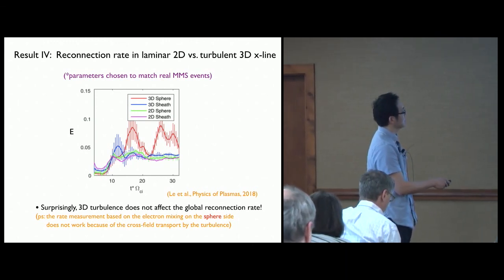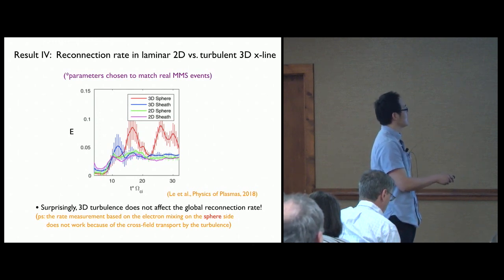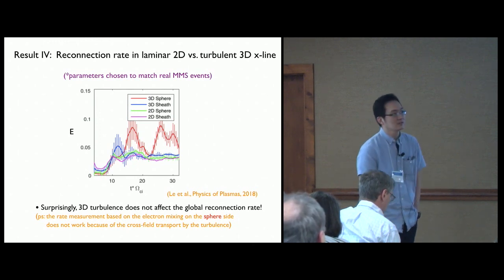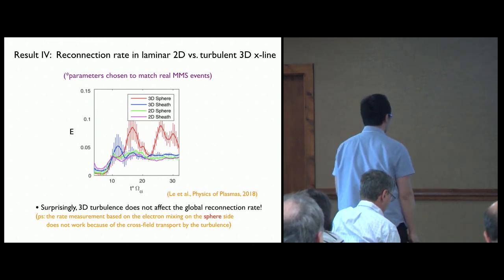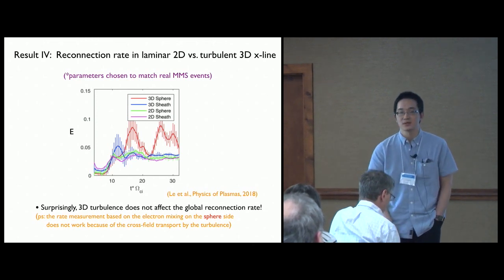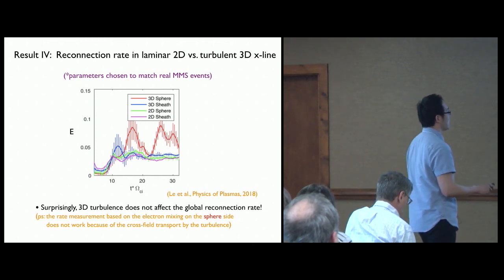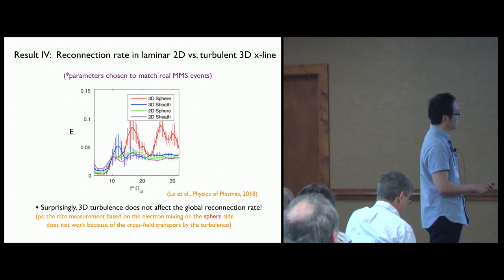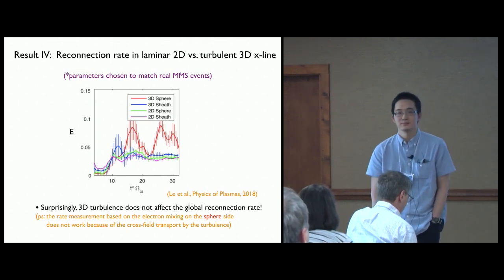And in our simulation, we measure that. Forget about the red one first. So here the blue one more or less traces the 2D result. So it's an important conclusion that for turbulent 3D reconnection, turbulence does not really affect the reconnection rate. Okay, I come back to this rate curve. It's not an accurate measure because there is some cross field transport of plasma.